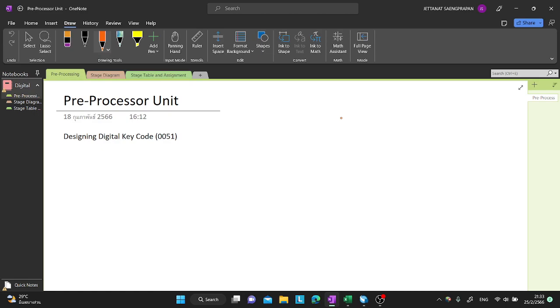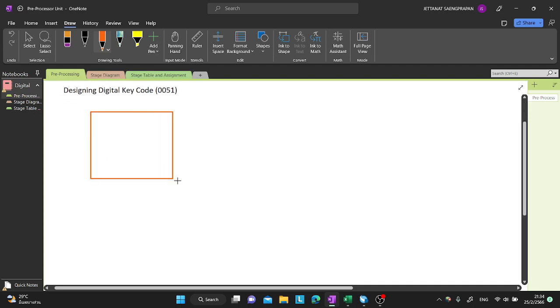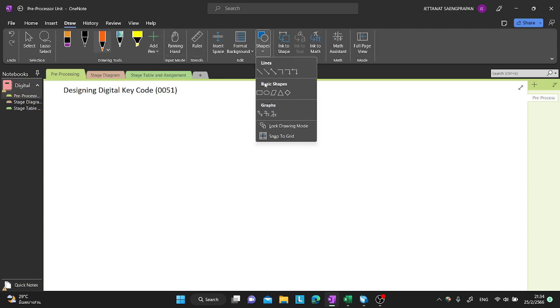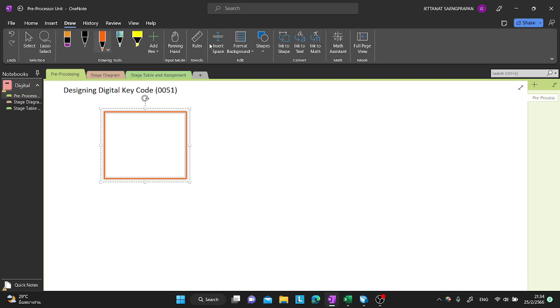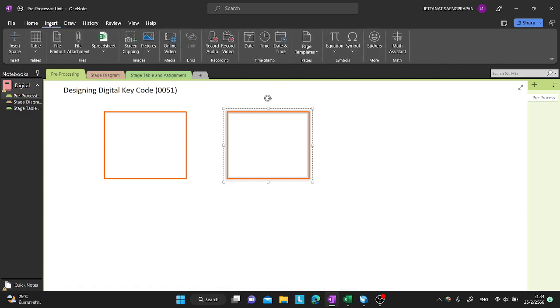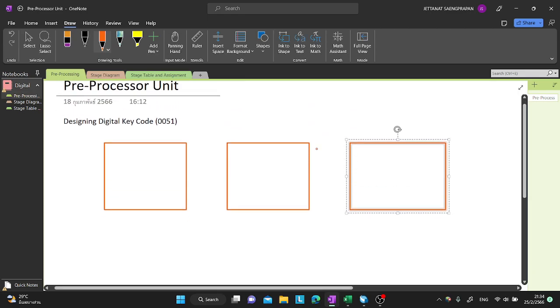Before I design anything, let's talk about the preprocessor unit.